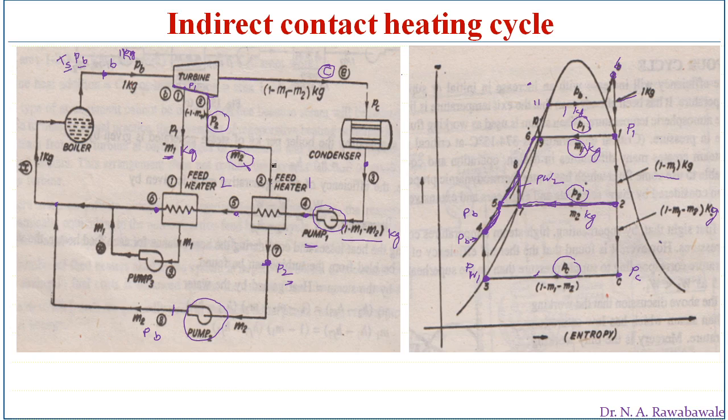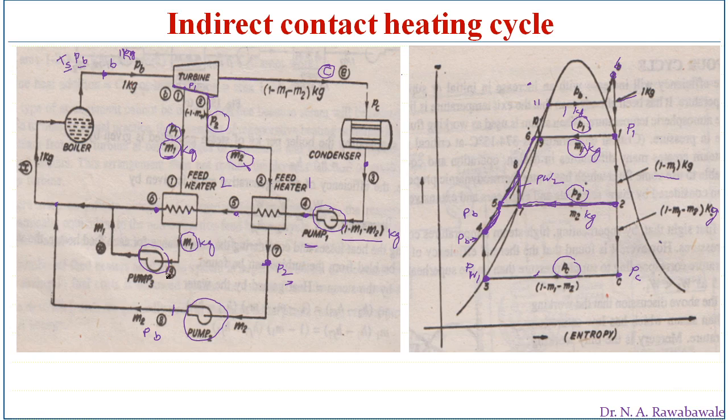Similarly, m1 kg of steam comes out of this turbine at pressure P1. After giving its heat to feed heater 2, m1 kg of steam gets condensed and this m1 kg of condensate is supplied by pump number 3 into the boiler.